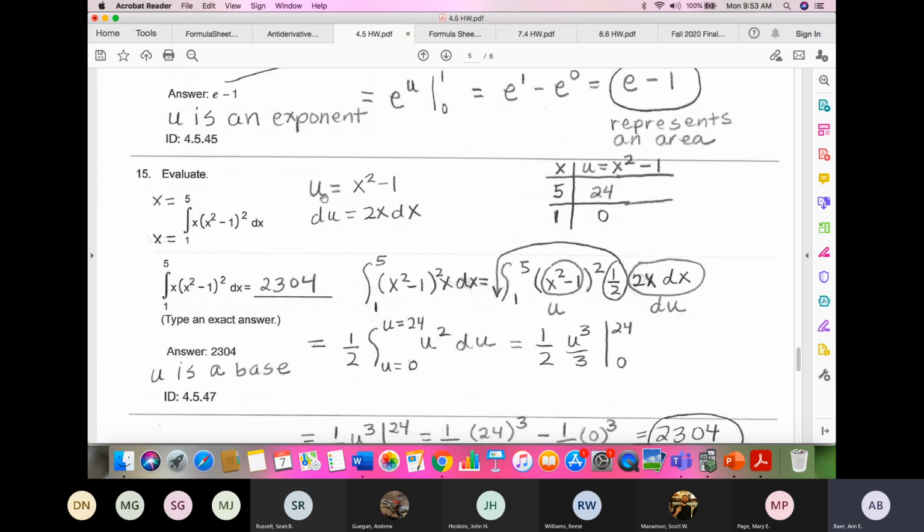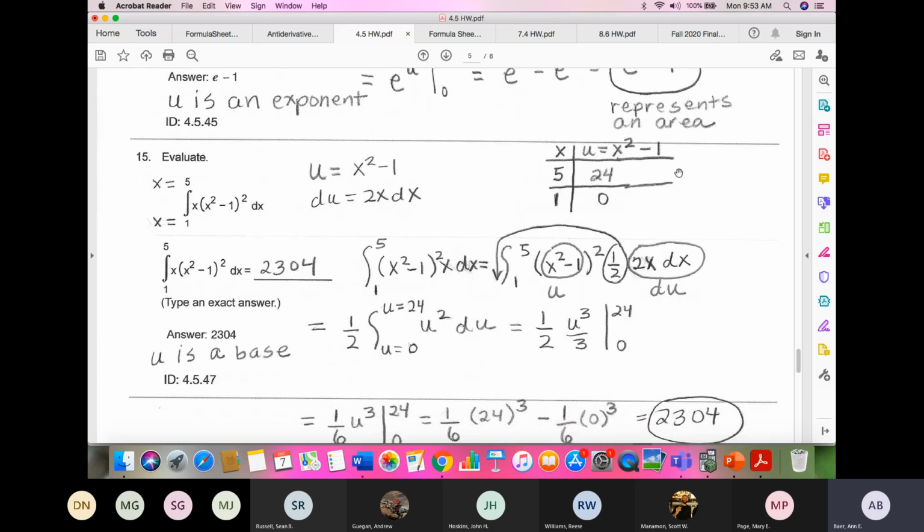How are u and x related? They're related via this equation here. U is equal to x squared minus 1. That's what we let it be equal to. So to find the corresponding u's, I can take this 5, plug it in for x here, and square it. So 5 squared is 25, minus 1 is 24. So that's where that u equals 24 comes from.